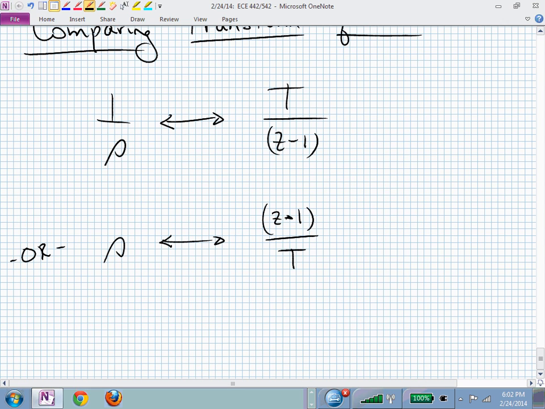Meaning, if I give you a transfer function, H of s, you now simply take that H of s, and everywhere you see an s, you substitute z minus 1 over T. And then you just clean it up, and now you have an H of z instead of an H of s. Pretty easy. Yes?